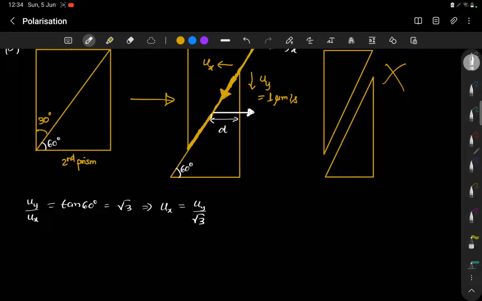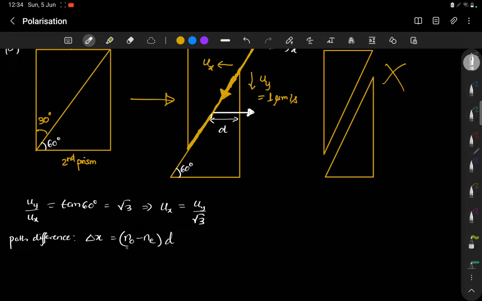So path difference between the ordinary and extraordinary rays is as follows.